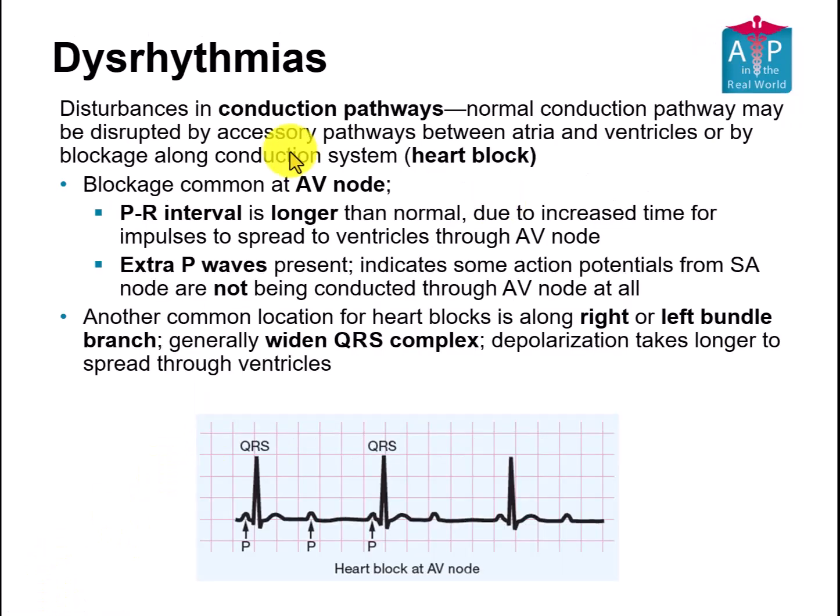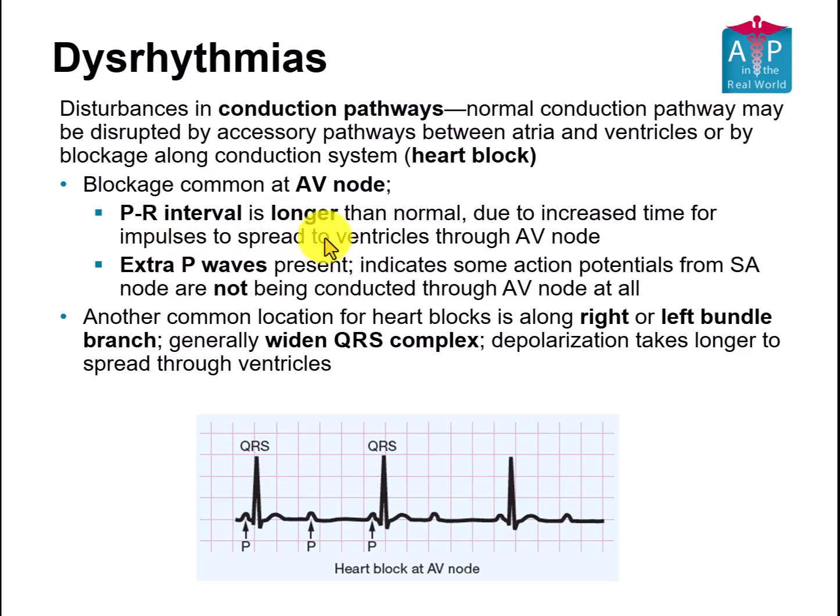You can also have disturbances in the conduction pathways. So a normal conduction pathway may be disrupted by accessory pathways between the atria and ventricles, or by a blockage along the conduction system, a heart block. Common AV node blocks: PR intervals are longer, or extra P waves are present.